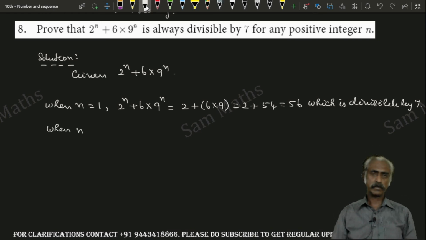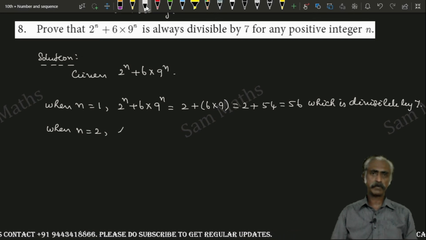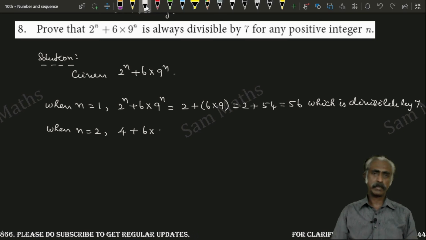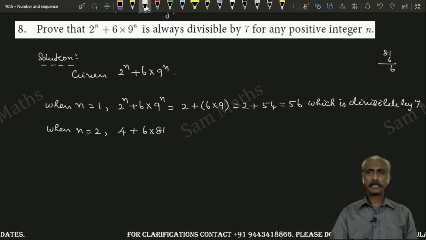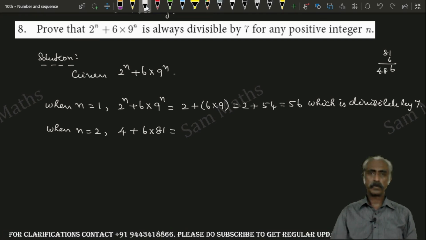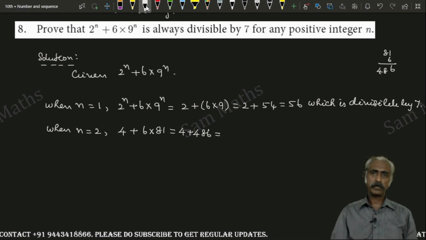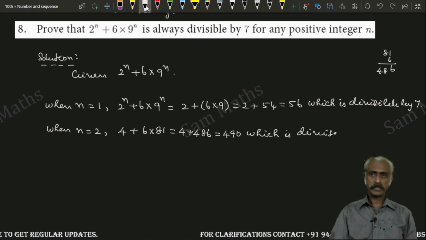When n is equal to 2, you substitute 2 in the place of n, it becomes 4 plus 6 into 9 square, that is 81. We can do the calculation. 81 into 6, that is 486. 4 plus 486 equal to 490, which is divisible by 7.